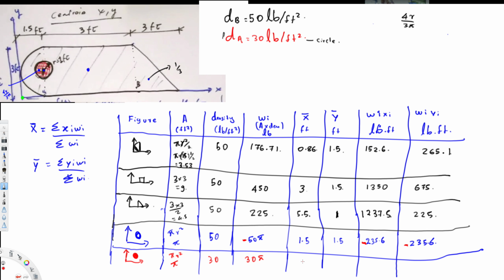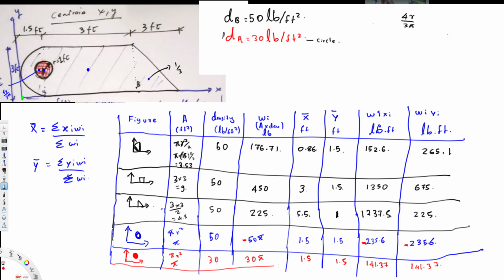Then the distance is going to be the same as the above, the radius, so it's going to be 1.5, 1.5. Then if I calculate wixi, the weight 94 times x bar, which is 1.5, if I multiply both of them together, I will get 141.37. The last one is also the same, 94 times 1.5 is 141.37.